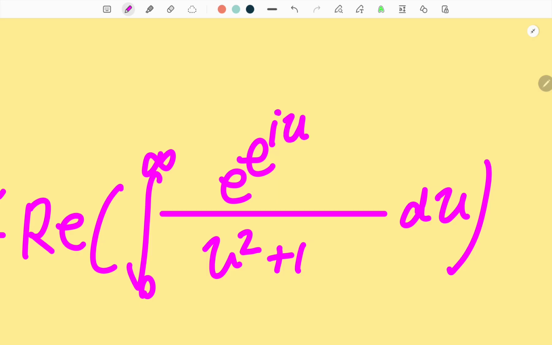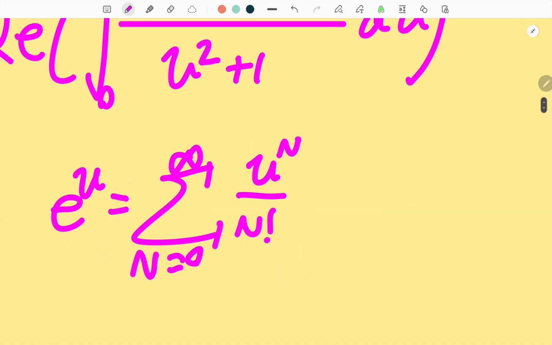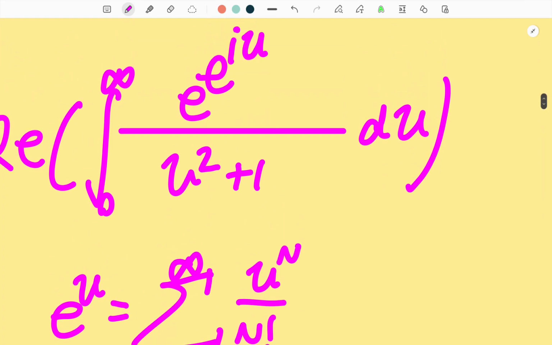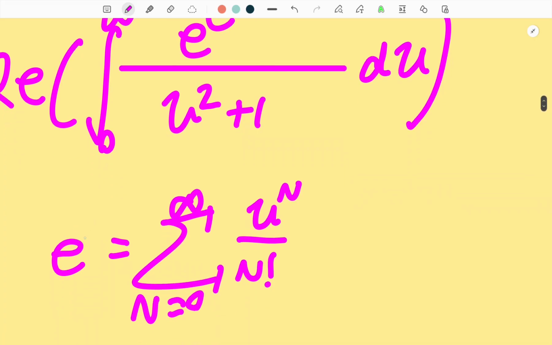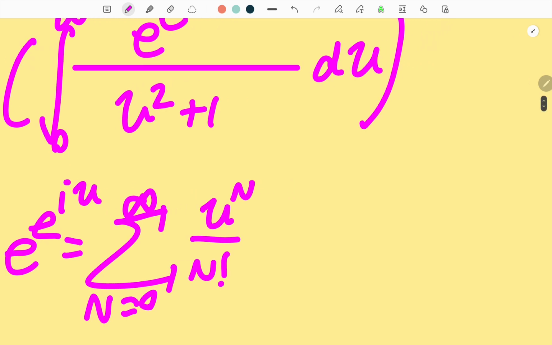Now, the next thing I want to do is use the series representation of e to the u. So let me write that out real quick. Here is the Taylor series representation of e to the u. Now, let's replace u with e to the iu. So on the left-hand side, we'll have an e to the e to the iu, and the right-hand side will have the sum from n equals 0 to infinity of e to the i n u divided by n factorial.